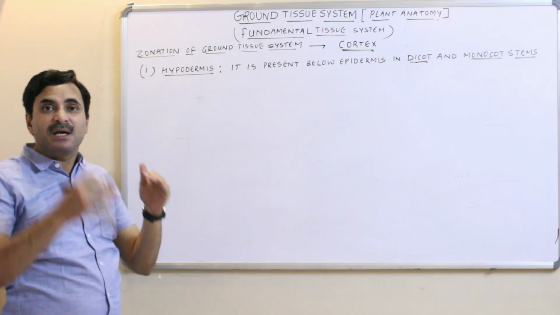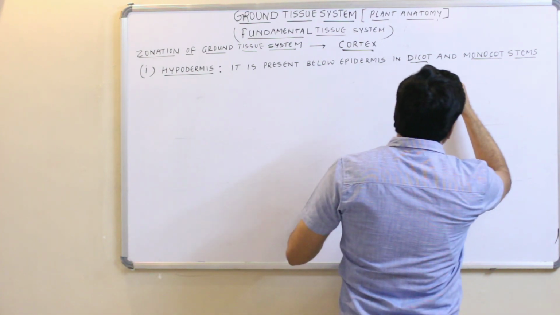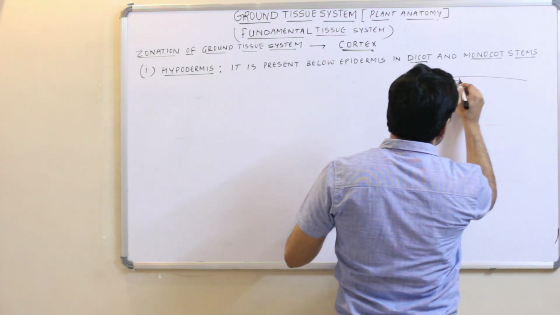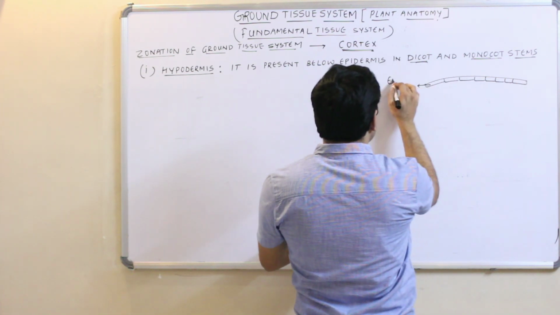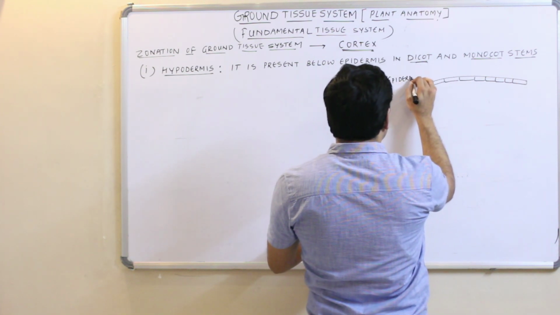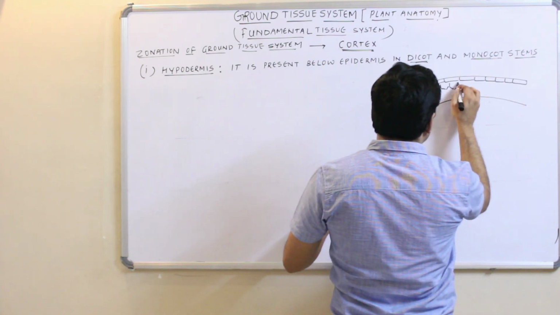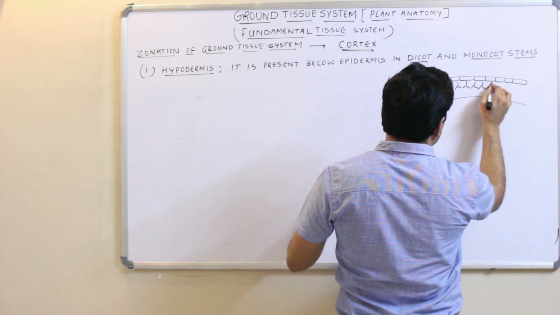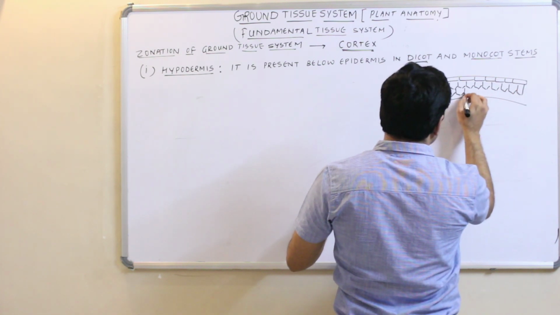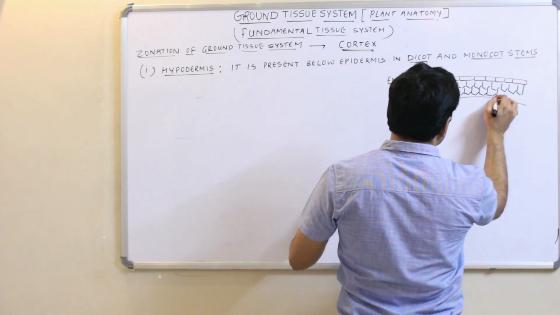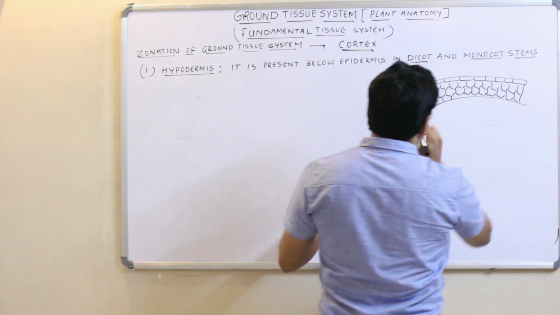What is hypodermis? Hypo means below, epi means above. Say if this is the epidermis, then just below the epidermis is the hypodermis.